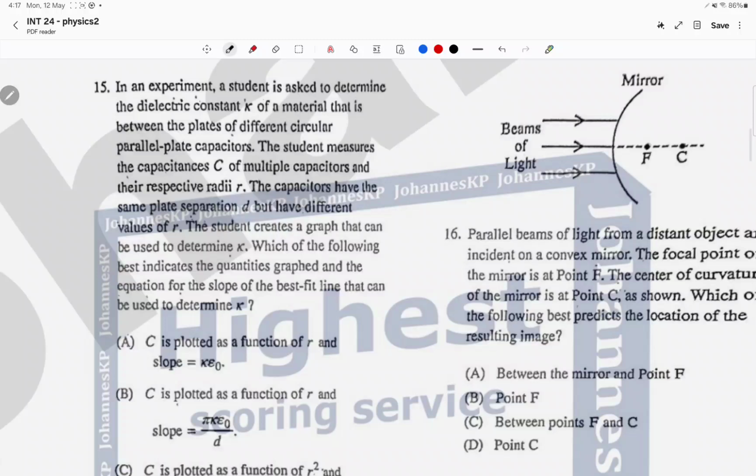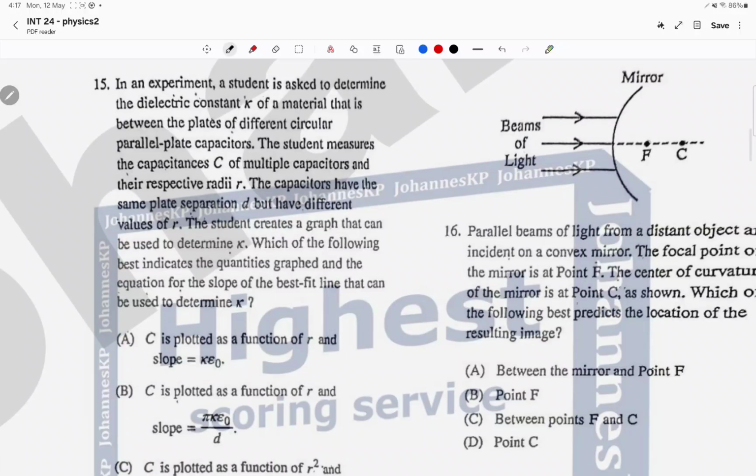Piece of cake. Question 15. In an experiment, a student is asked to determine the dielectric constant of a material. The student creates a graph that can be used to determine K. So what do we know?